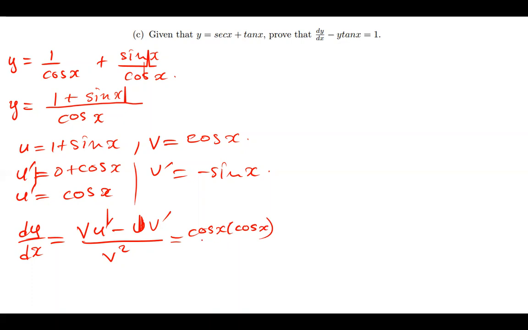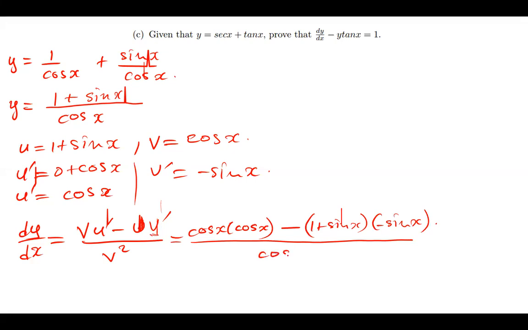And then we have a minus. Then our u is simply 1 plus sine x. And then v prime is simply negative sine x. And then everything divided by v squared. So our v is cos x. So when we square that, we're going to get cos squared x as the denominator.